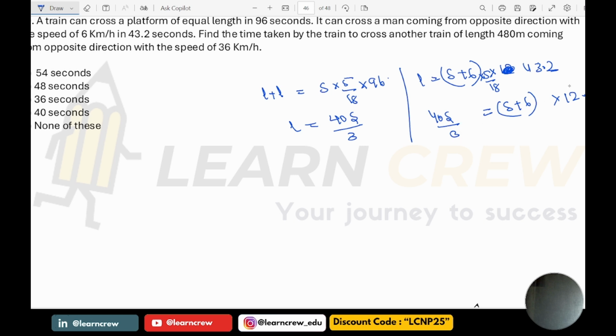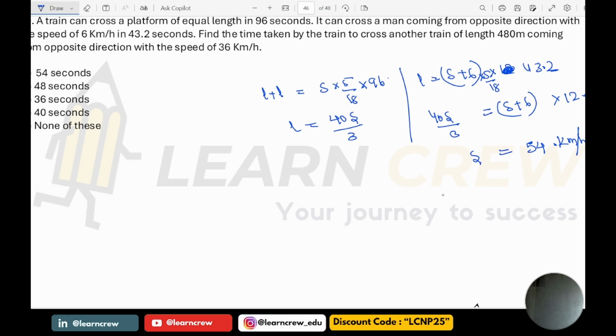So 40S by 3 is equal to this much. Thereby, S is equal to 54 kilometer per hour.